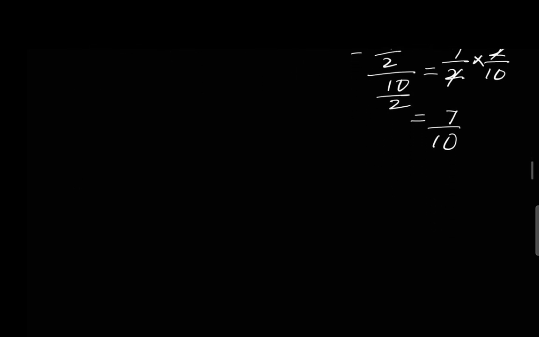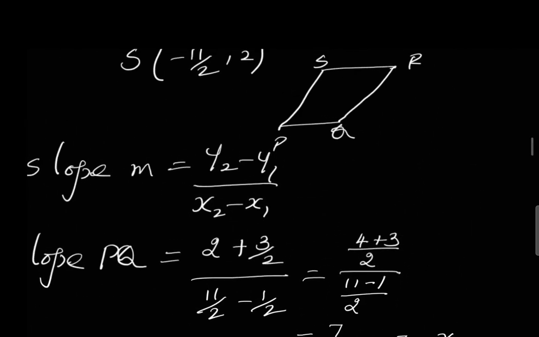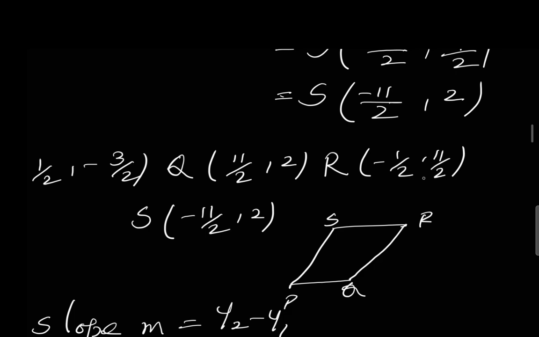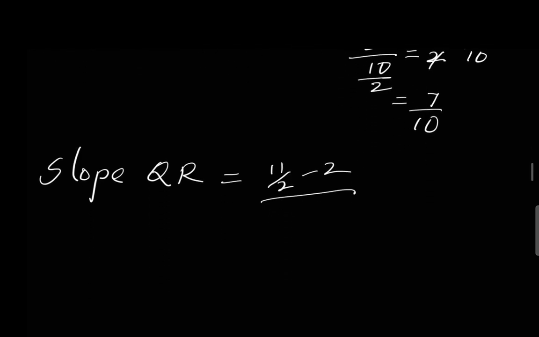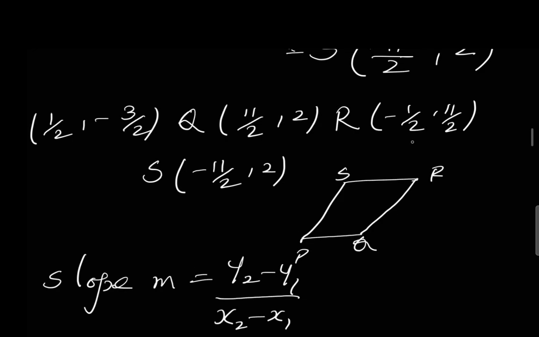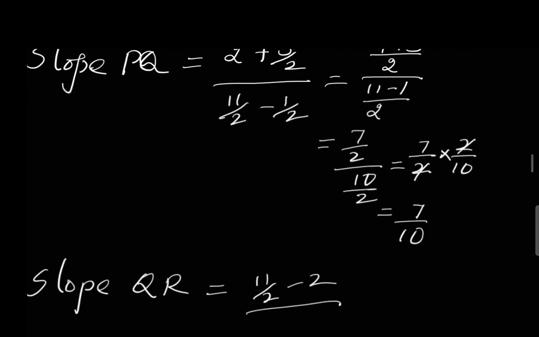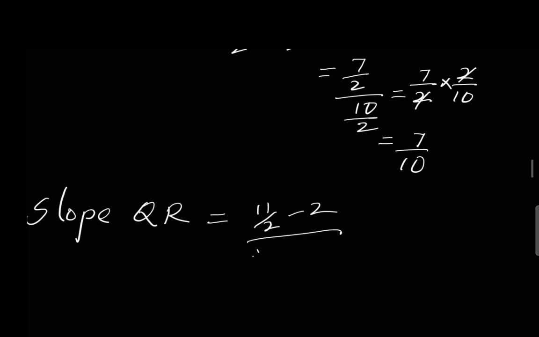The same way you take the next side, slope QR. Q is here, R is here. y2 minus y1 is 11 by 2 minus 2, divided by x2 minus x1, which is minus 1 by 2 minus 11 by 2.